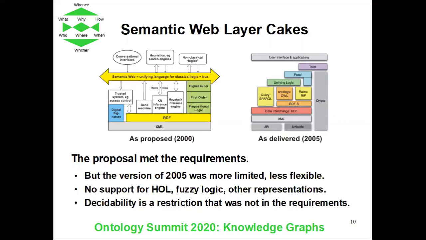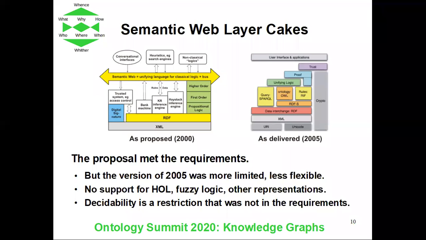Now, there's been more development of notations and some more specifications, but the basic semantic web that we have today is really based on the technology of 2005. And one of the big restrictions on it is decidability, which was not a requirement in the original specification or in the original proposal, but that decidability is more of a restriction.